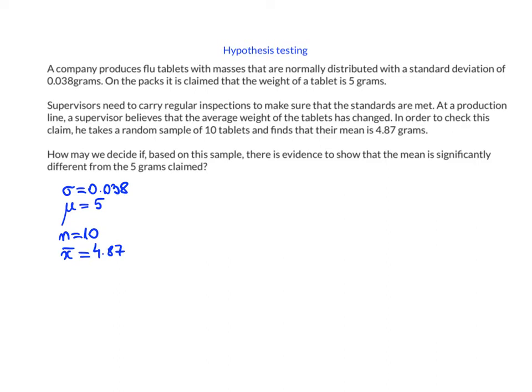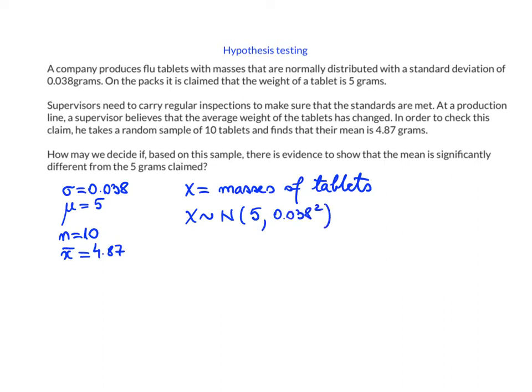Let's see what we know about this problem first. Even though n is relatively small, the fact that the masses of the tablets, and I'm going to denote by x the masses of the tablets, are normally distributed with a mean 5 and the variance 0.038 squared.